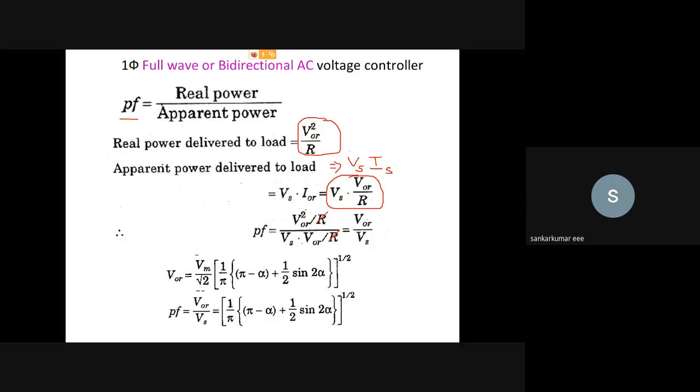Then the square and the V naught R will get cancelled. So the power factor expression will be V naught R divided by Vs.